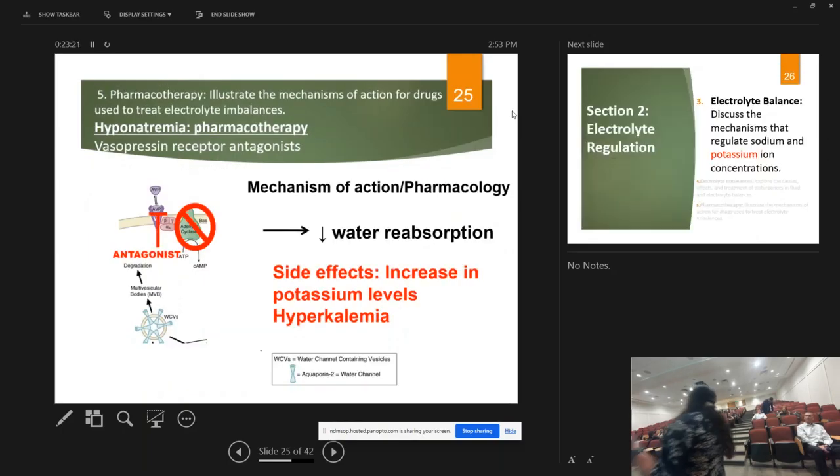Every drug has some side effects. Using this antagonist, you can create an increase in the potassium level. So you have to be careful with how much you're treating these patients for correcting hyponatremia, because in return you can build hyperkalemia, meaning an increase in potassium level.